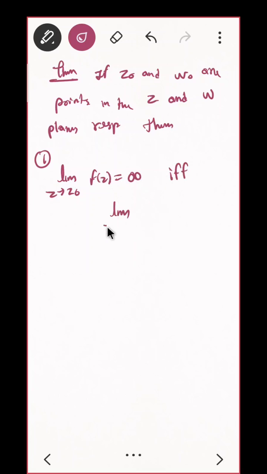If z naught and w naught are points in the z and w planes respectively, then prove the first one, that is, limit z tending to z naught f of z is equal to infinity if and only if limit z tending to z naught 1 upon f of z is 0. This is the first thing you need to prove.